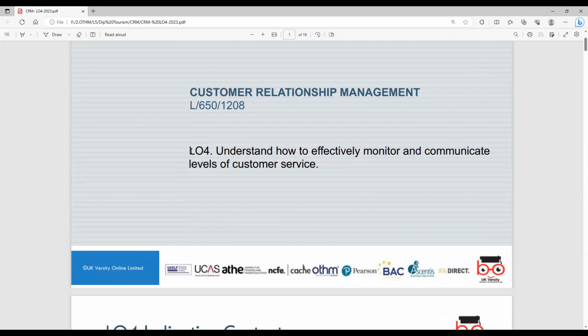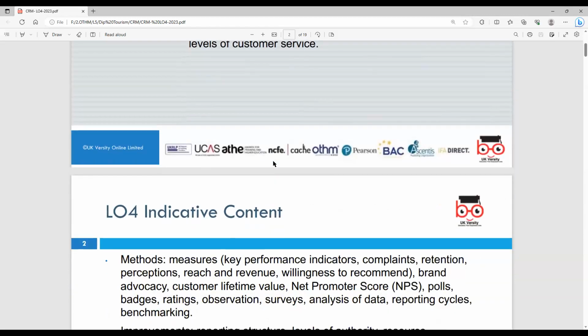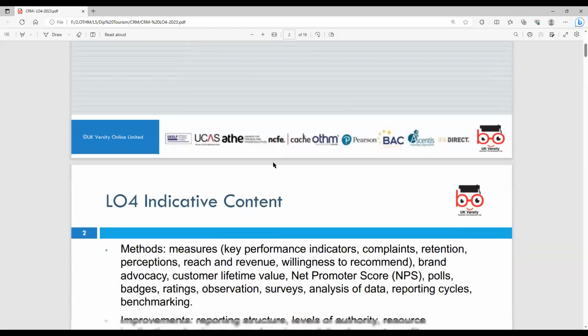The fourth learning outcome has to do with how to monitor and communicate the levels of customer service. So checking whether your CRM is working or not, and how effectively it is working. These are the things we're going to look at today in LO4.